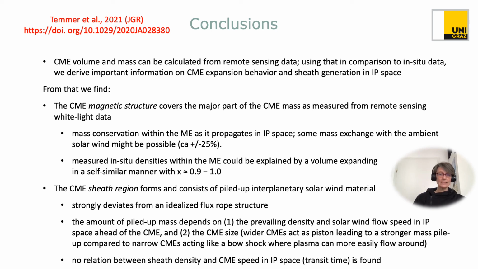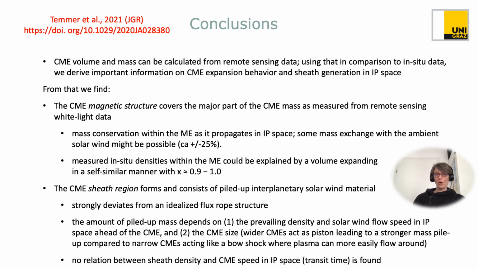On the other hand, the CME sheath region forms and consists of piled-up material in interplanetary space. So it's made up of solar wind material, and we do not derive nice matches just using this simple approach of mimicking the CME frontal shape with the idealized geometries that we have used.